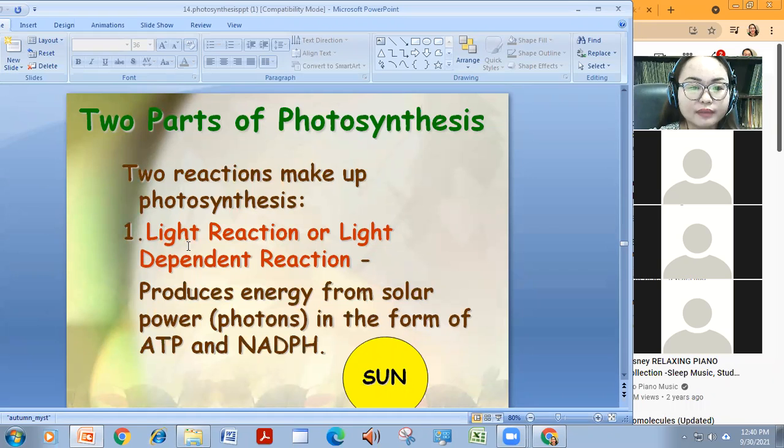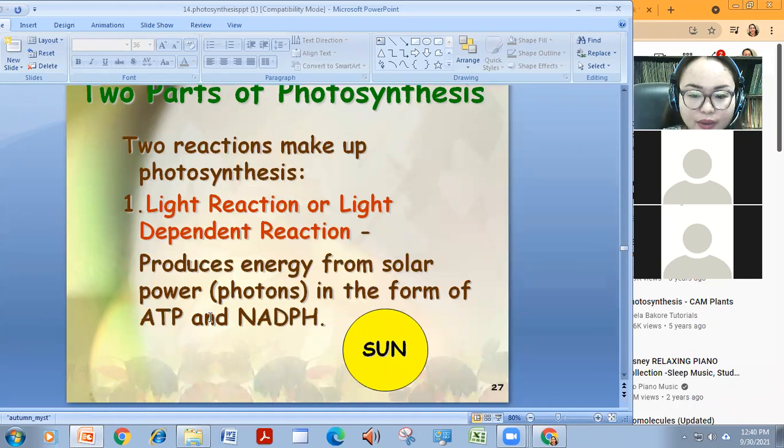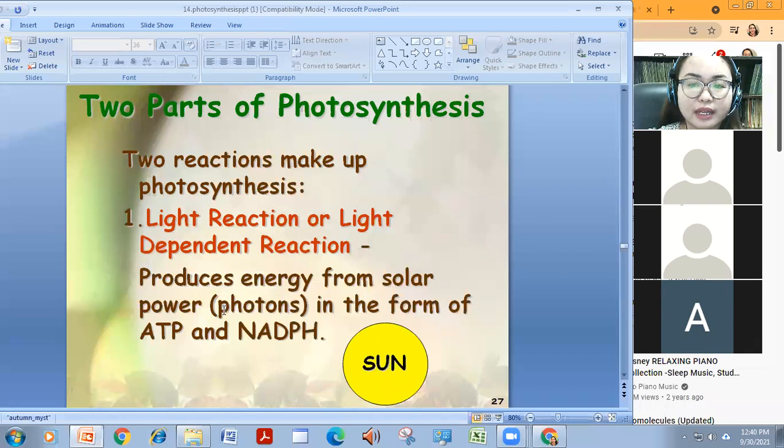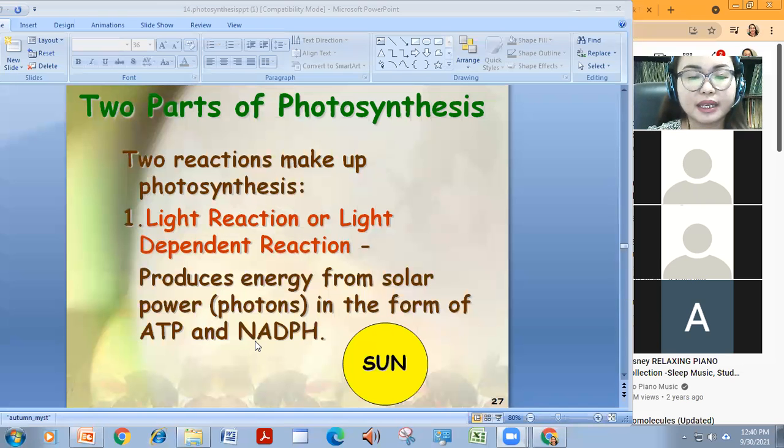So again, we have the light reaction or light dependent reaction. So this is what I was saying, the answer to the question is yes and no. When we say the light reaction or light dependent reaction, it produces ATP and NADPH from the sun, no?